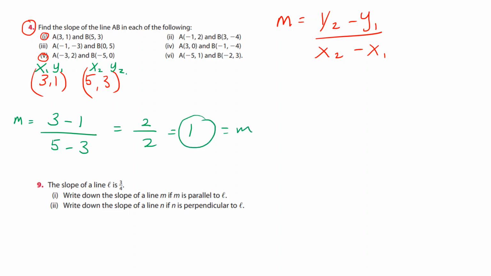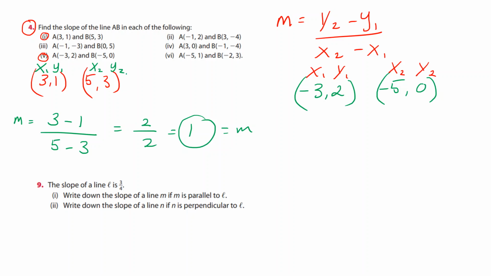Okay, so now let's take a look at the other one that I picked out there. So this is going to have more negative numbers. So here we have minus 3, 2, and we have minus 5, 0. And again, let's label this up. So we have x1, y1, x2, y2. And we're going to put them into our formula.